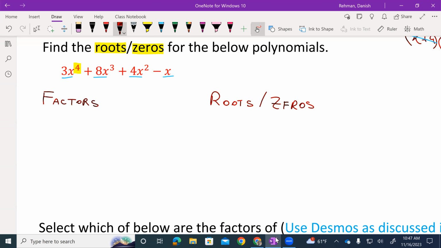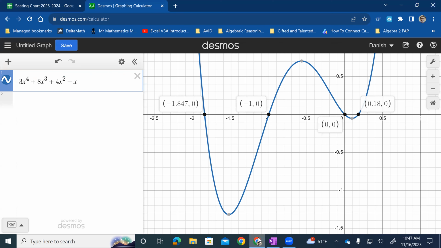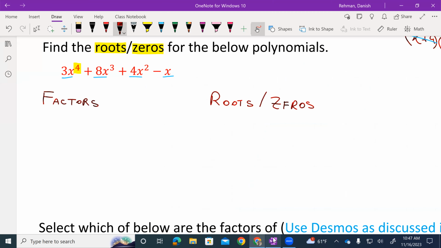Looking at Desmos again, -1 is a point where I have the x-intercept of one of these. There is another one, 0. So I'll get back over here and pinpoint x equals -1 is one of the roots. x equals 0 is the other root.